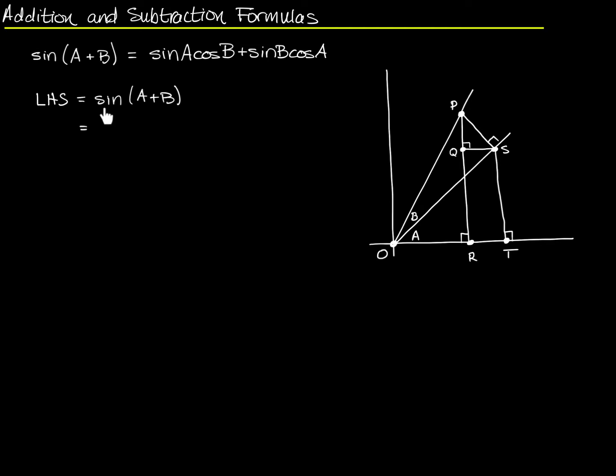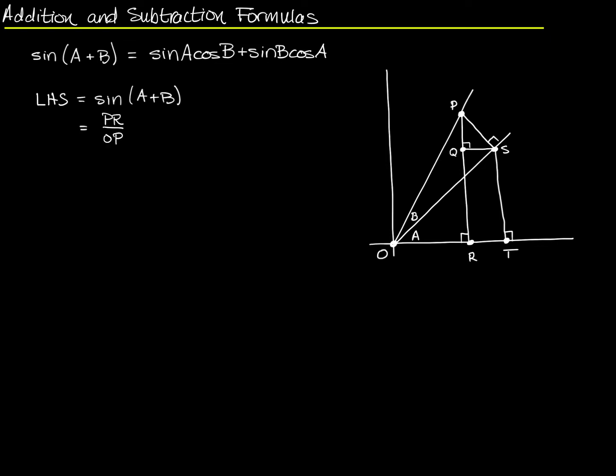The sine of the angle A plus B, this big angle here, is opposite over hypotenuse. But opposite is this line right here, PR, over hypotenuse, which is OP.